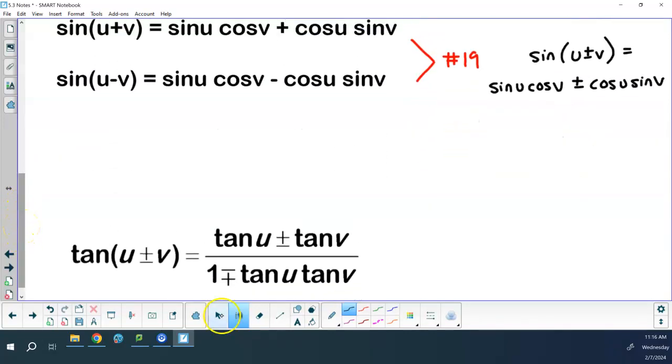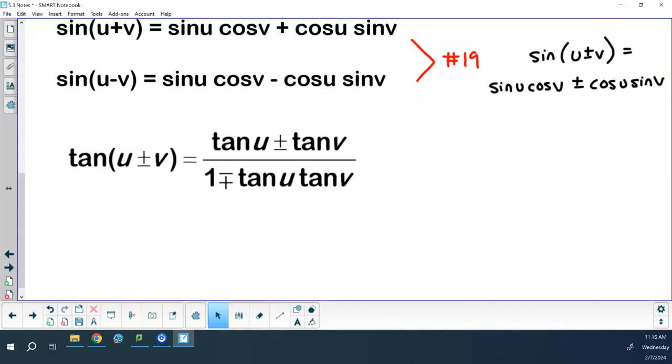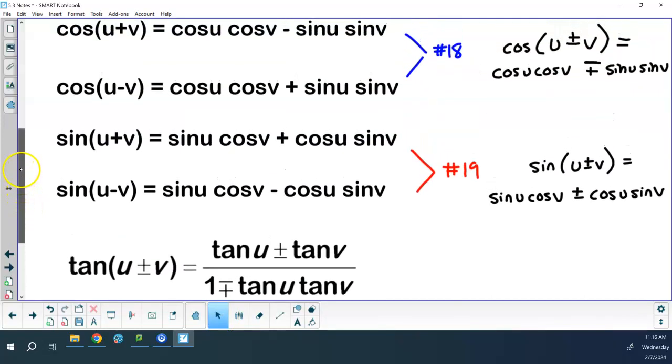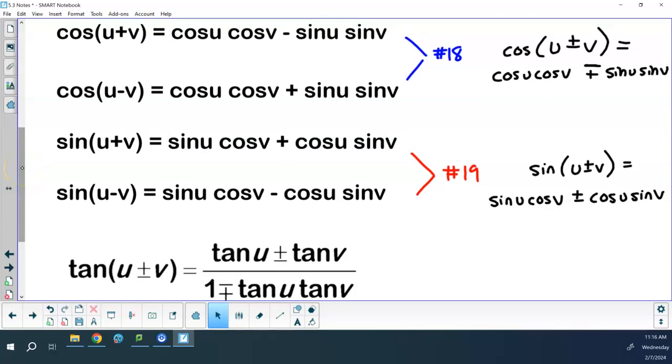Move the tangent up a little bit so I can get them all in one. Okay. And then tangent is number 20.